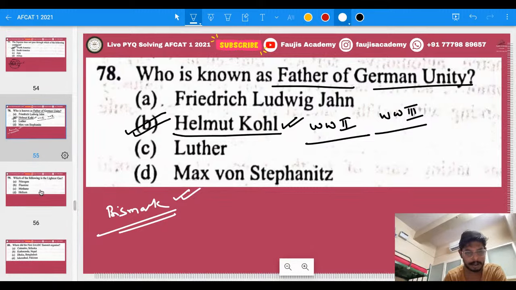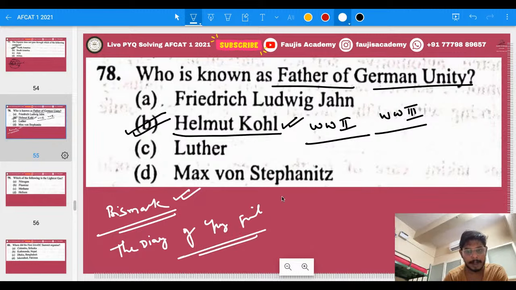You guys must have already heard of the Holocaust, and the Diary of a Young Girl, if you guys have studied, right? Young girl, by Anne Frank, right? So in that she has mentioned how these people used to live in a sense of terror every single day.